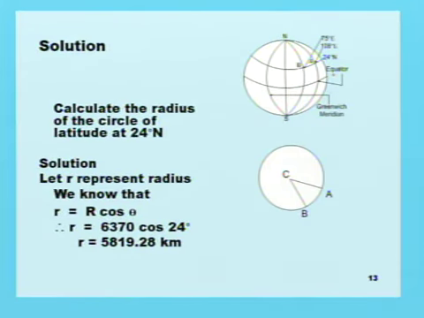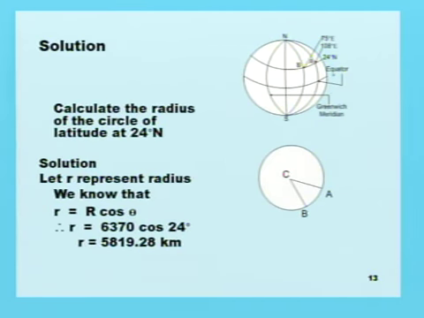Here is the solution. We are asked to calculate the radius of the circle of latitude at 24 degrees north. Let r represent the radius. We know that r, small r, is equal to big R cos theta.